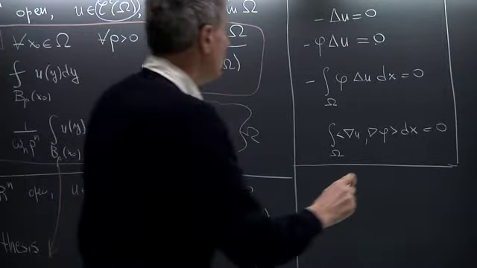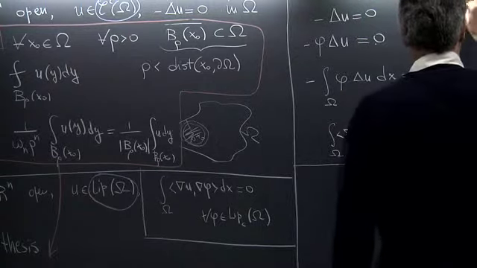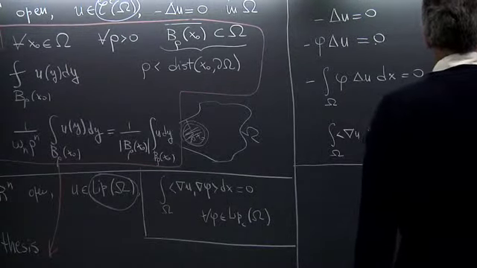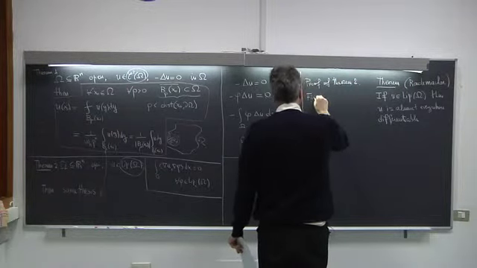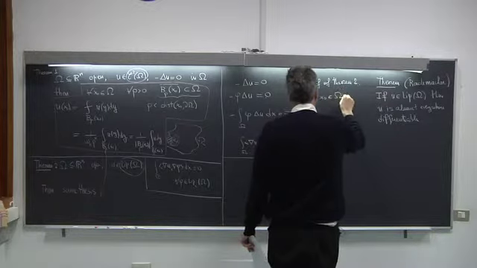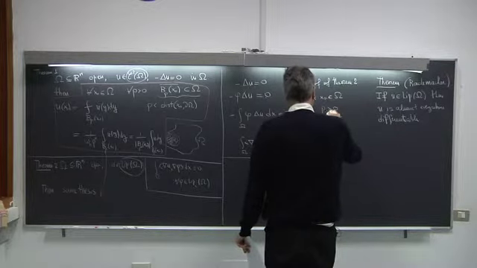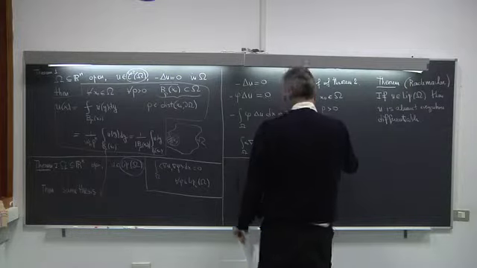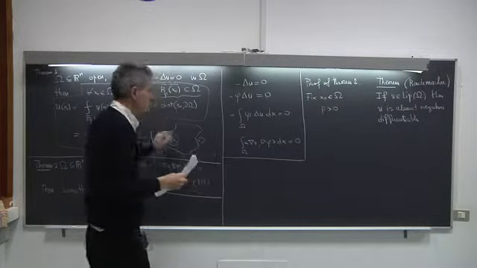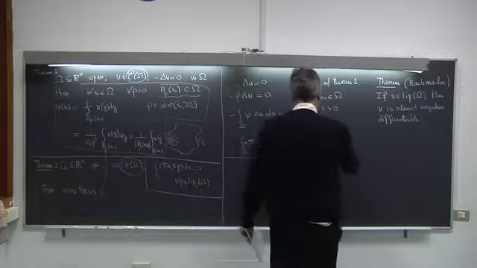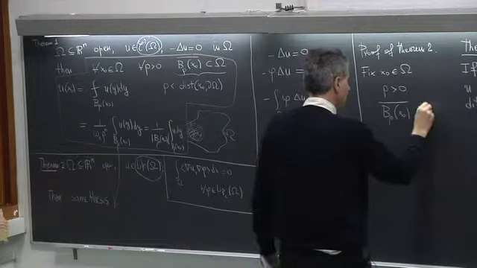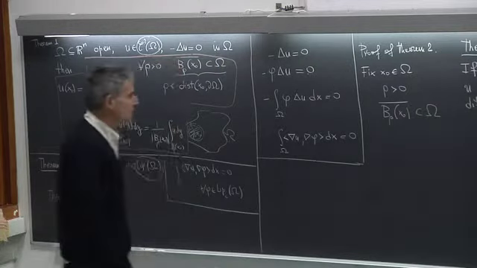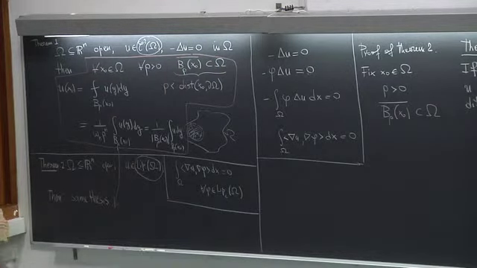So, proof of theorem 2. Fix x naught in omega, rho positive, rho less than the distance from the boundary.